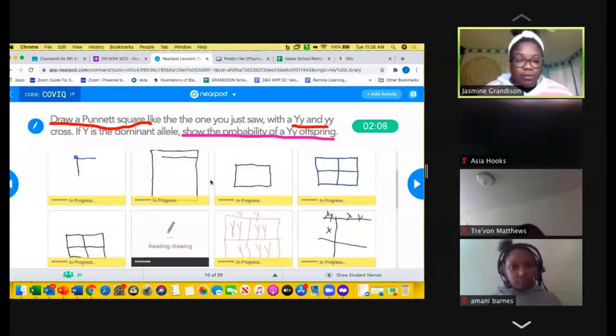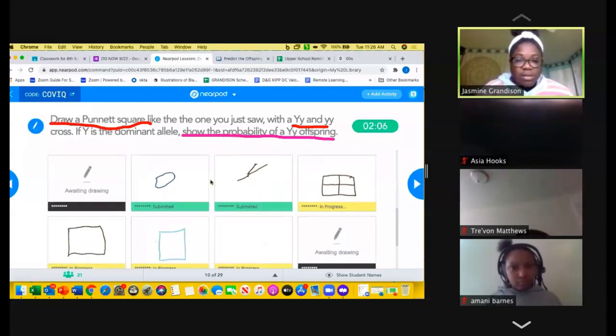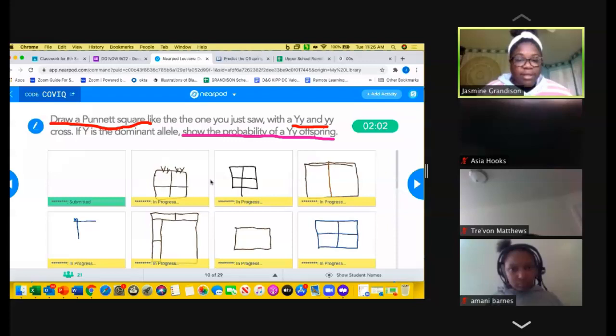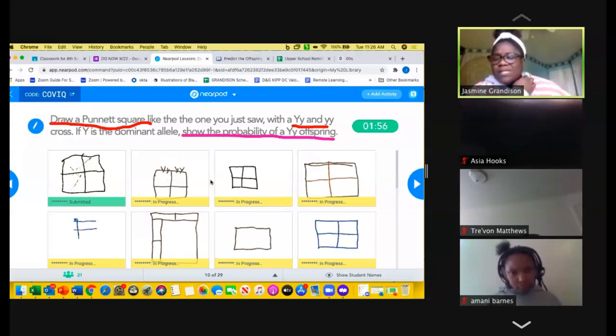Good. Thanks for all those corrections. Submitting on 2 people. I still see a circle. I'm not sure why. These are squares, not circles. Once it says time is up, they won't let you draw anymore, so please be mindful of your time.